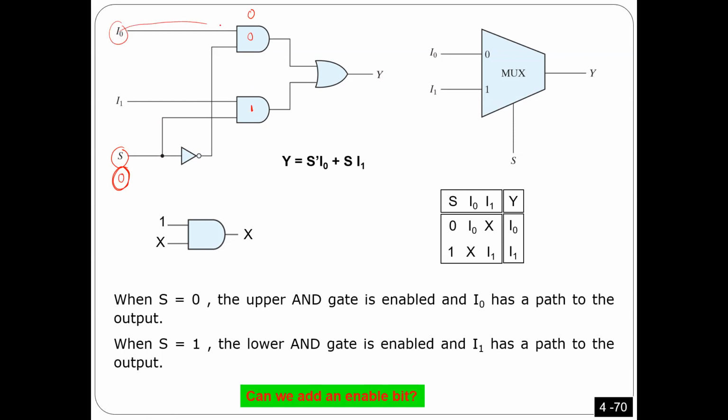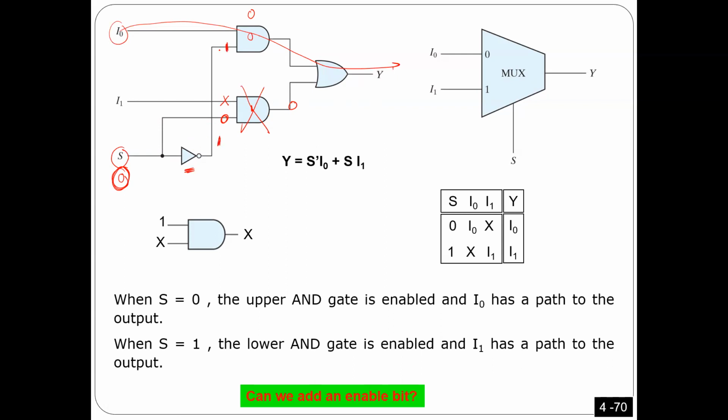This one has to be connected this way, right? That's what I want to do. Let's see if the logic circuit is going to do that or not. If this one is 0, so the input here is 0. I don't even need to look at this one. If one input is 0, the output is 0. So this one is off, like 0. Okay. Now, because I have an inverter here, this one becomes 1.